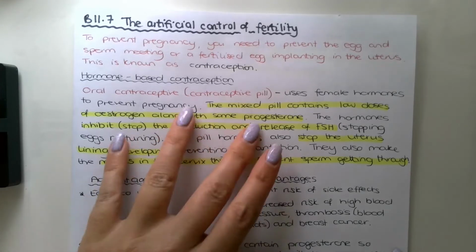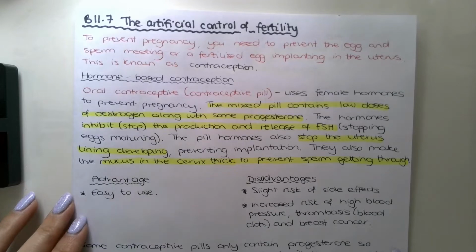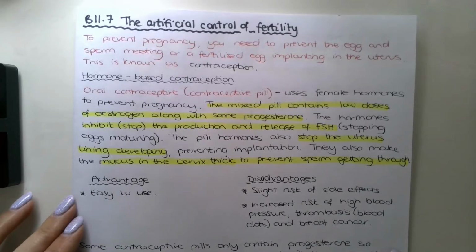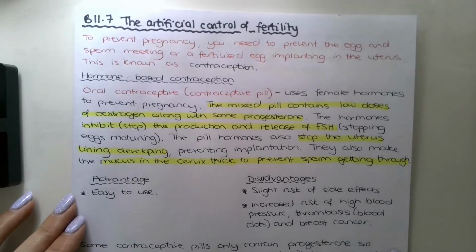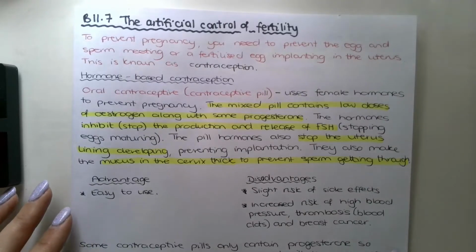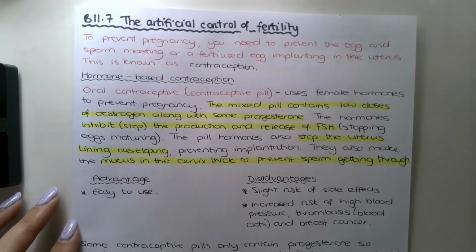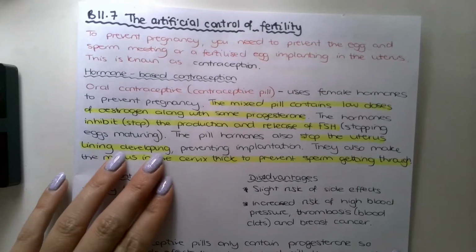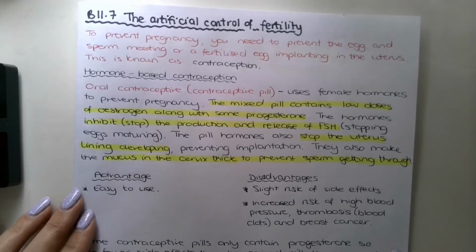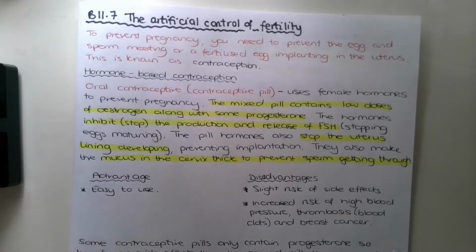We talked about what these two hormones do in the previous video. The hormones stop the production and release of FSH, stopping eggs maturing. The pill hormones also stop the uterus lining developing, which means there's less chance of implantation. They also make the mucus in the cervix, the entry point into the uterus, thicker to prevent sperm getting through.